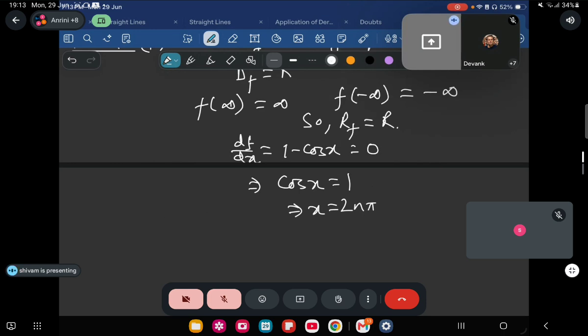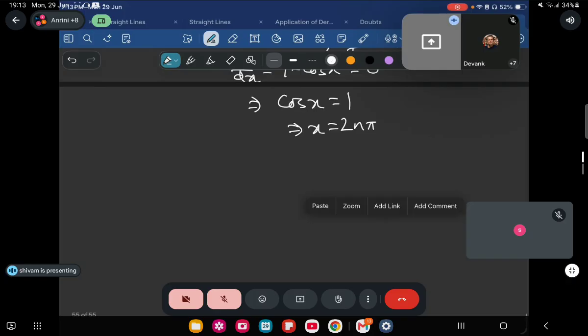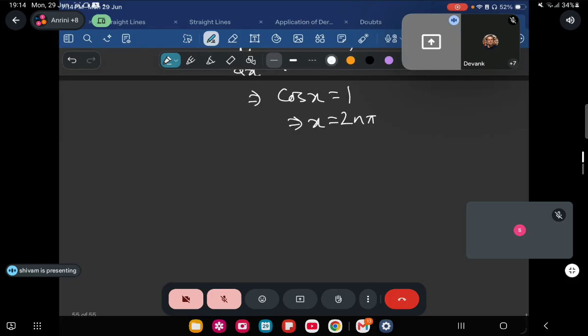The derivative is equal to 0 only at 2n pi, right? And so at x equal to 2 pi, the function will just become flat for a fraction of a second. It will just become flat, and then again it will keep on increasing.